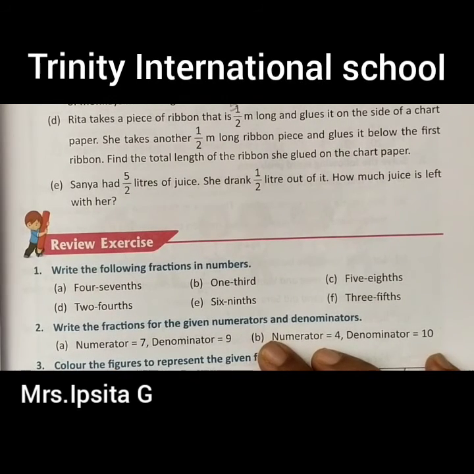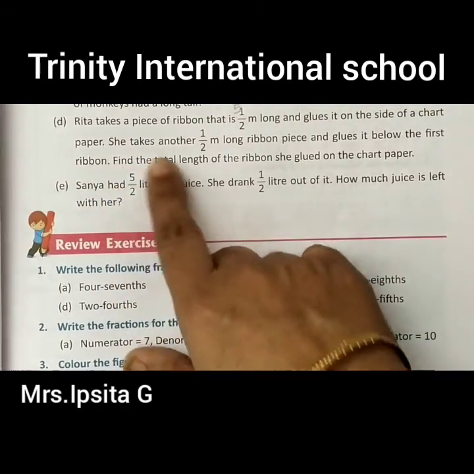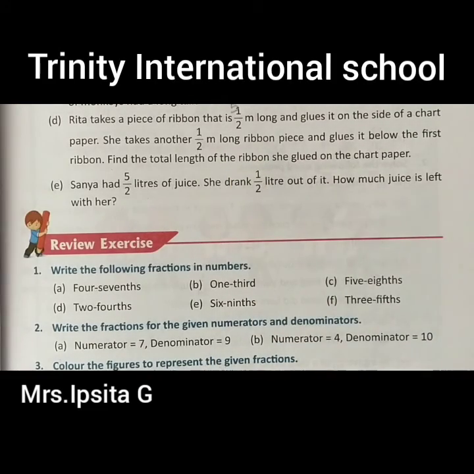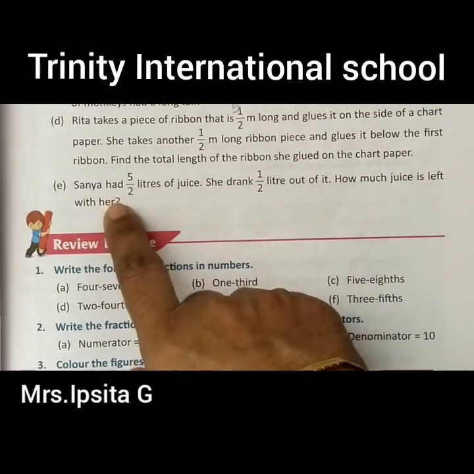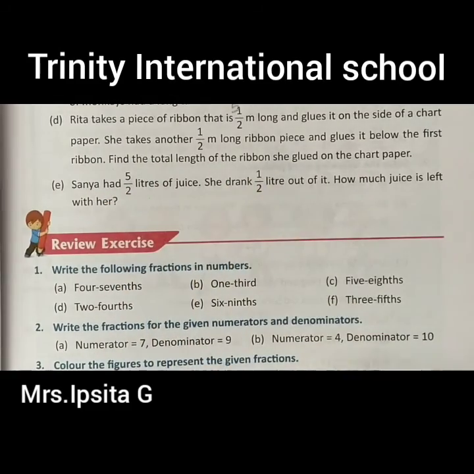Sania has 5/2 liters of juice. She drank 1/2 liter out of it. How much juice is left with her? So Sania was having this much liter of juice with her. She drank 1/2 liter. So how much is remaining? So here what you will do? You will subtract these two fractions.